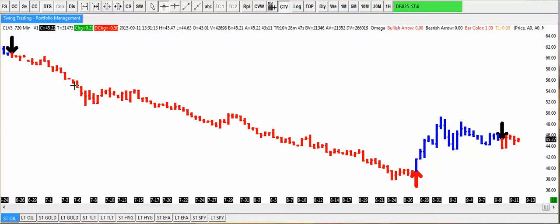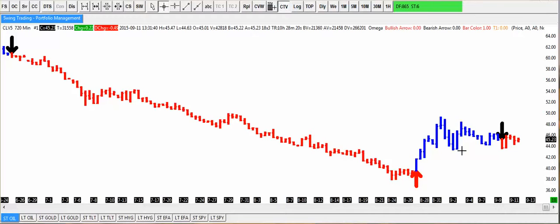So one of the best ways you could use this software is by going in line with the color of the candles or in line with the current trend of the market. The signal which was last produced was a sell signal, so you should only be looking to sell the market. Until we had a buy signal in the market, that's when you should be looking to buy this market.